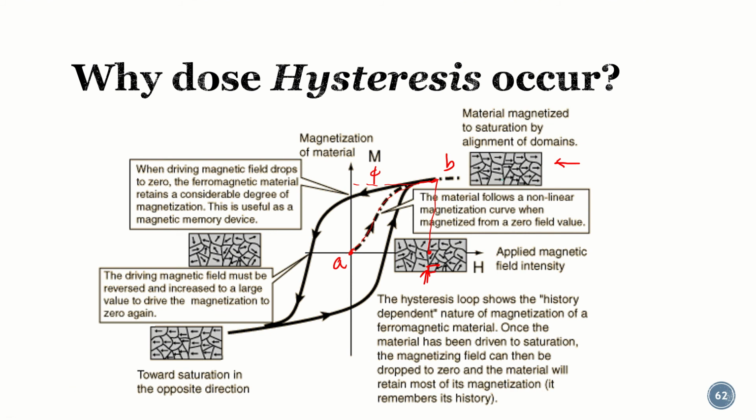Ideally, when you remove the magnetomotive force, they should go back to the random orientation, but not all of the domains will go back to random. Some of them will go back and some of them will not. So we will reach this point.